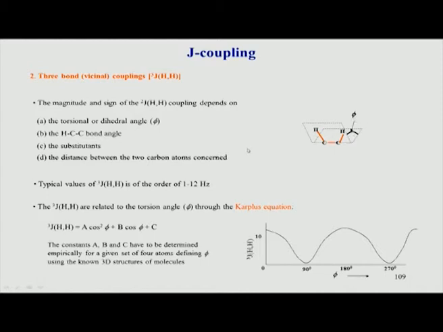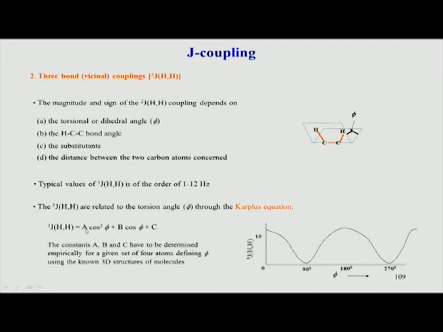There is a very famous equation known as the Karplus equation, which shows how the 3 bond J value is related to the torsion angle. This is typically the equation: A cos square theta plus B cos theta plus C, and here the values A and B depend on the type of J value you are looking at.